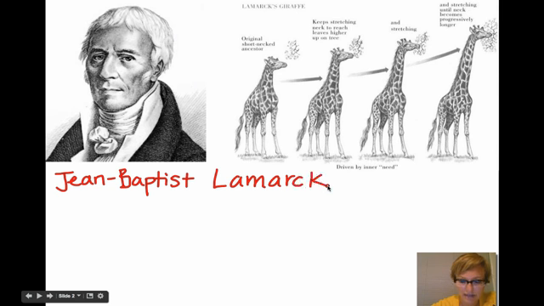And he published this idea of evolution, this idea of new animals being evolved from older animals, right about the time Darwin was born. So this is 1809. Jean-Baptiste Lamarck got credit for his theory of how new species came about.